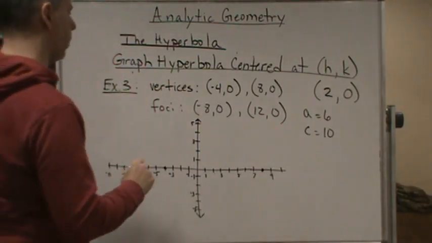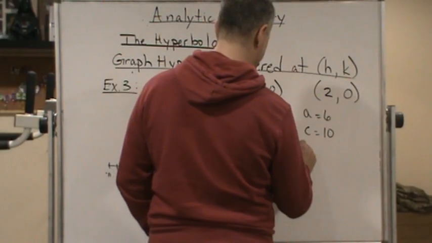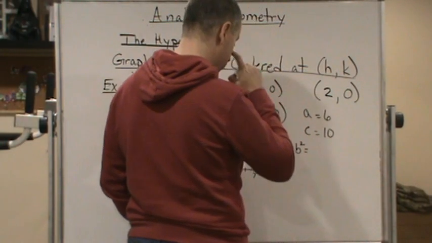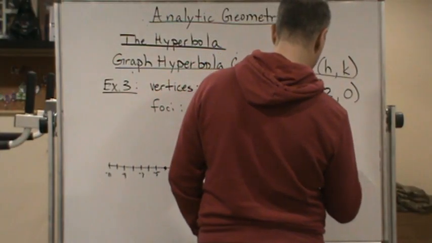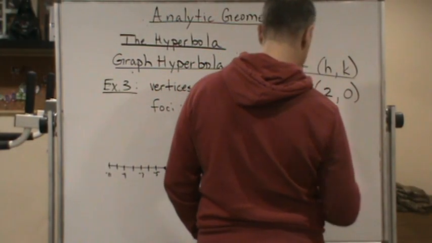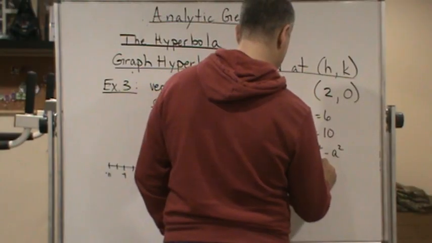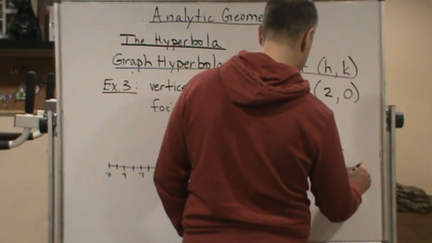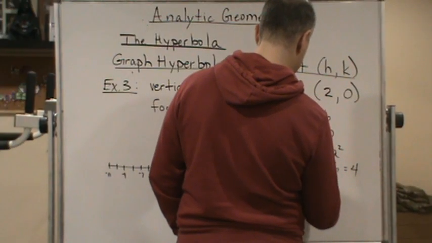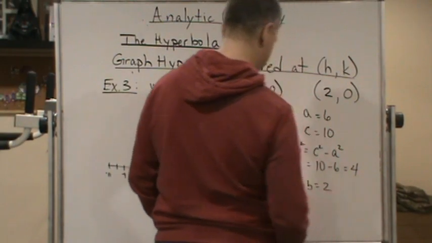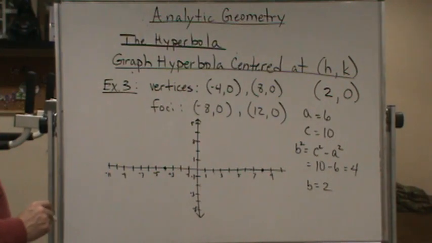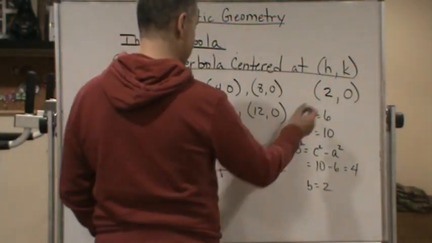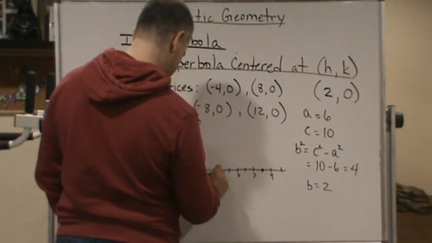Now we have to know b, so we say b squared is equal to c squared minus a squared, which is 10 minus 6, which equals 4, which means that b is 2. Now the center is located at 2, 0.